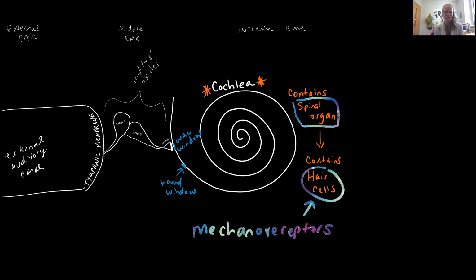What you may already know from your lab study or from other study is that we can think of three sensations being detected by the inner ear. And the topic for this video, of course, is hearing. So that's what we're going to focus in on.